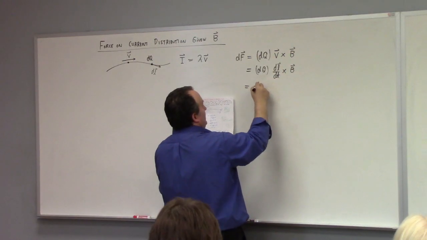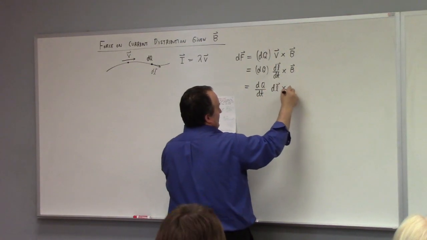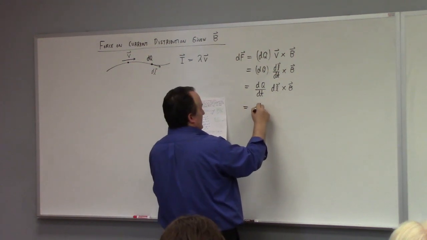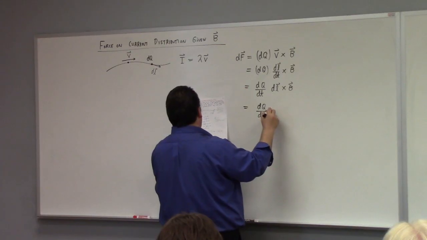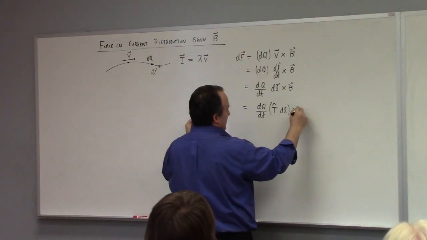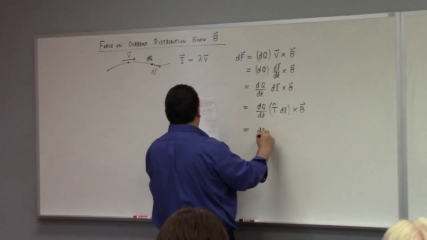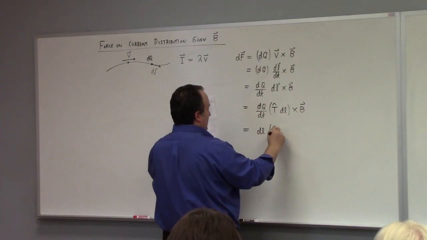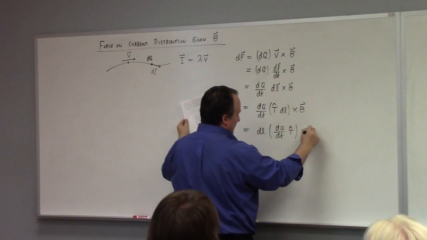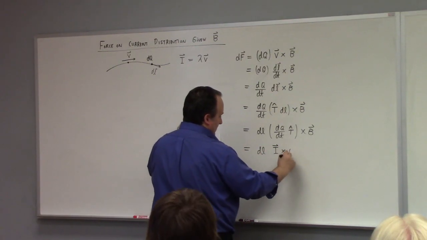Or you could do a dq/dt times dl cross B. Or you could do a dq/dt times the unit tangent vector times dl cross B. Or you could even do a dl times dq/dt times the unit tangent vector cross B. Of course, this last thing I wrote, you might recognize as the current vector cross B.